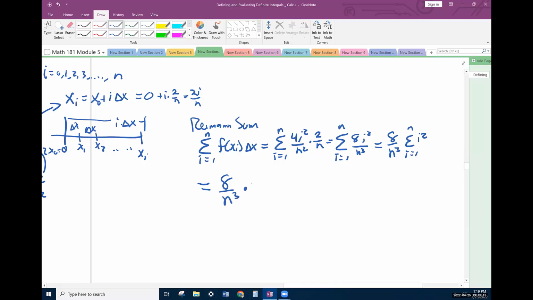If I'm looking at just this summation right here, there's a sum that I can get out of that. Notice it goes to n. Anyone have any recollection? Wasn't it n times 2n? No, it's n times n plus 1 times 2n plus 1 all over 6.